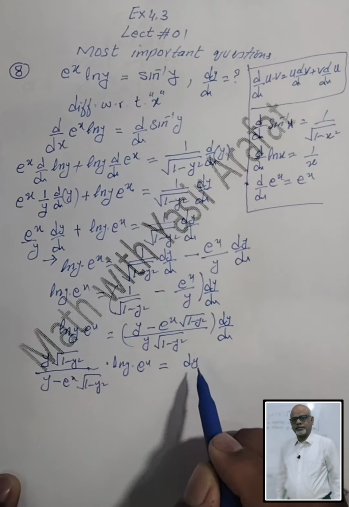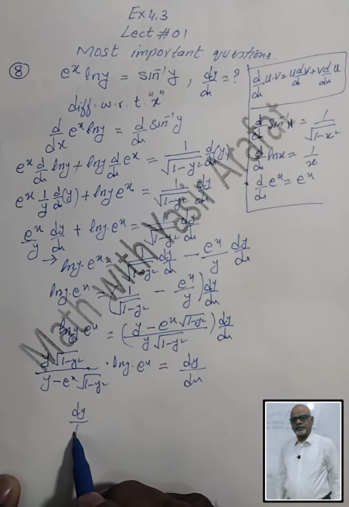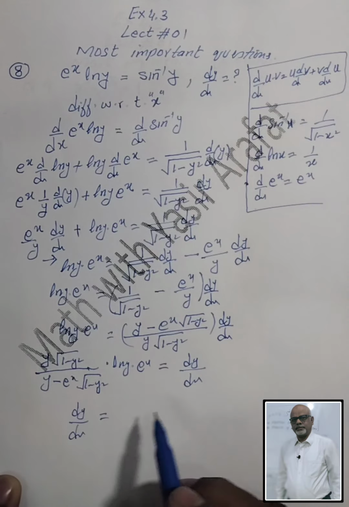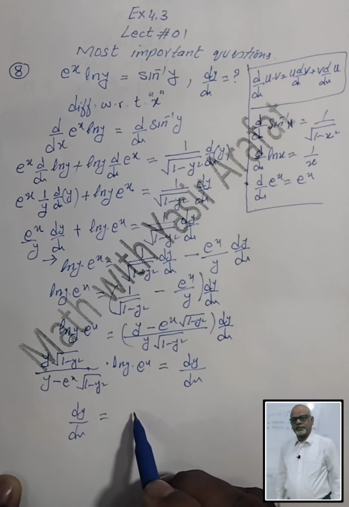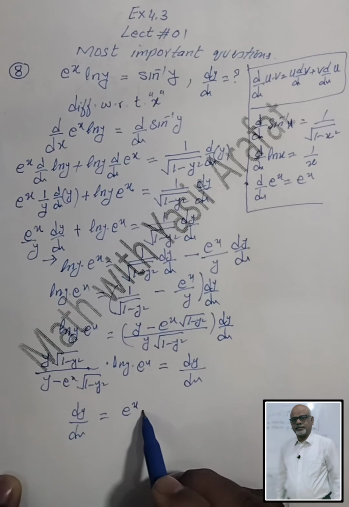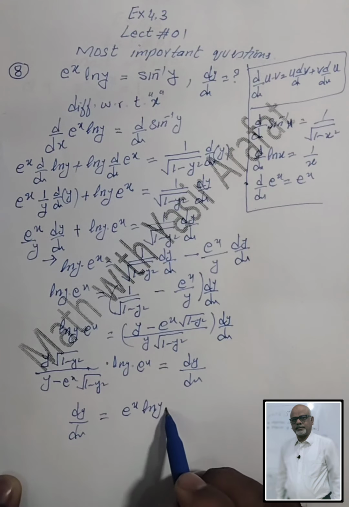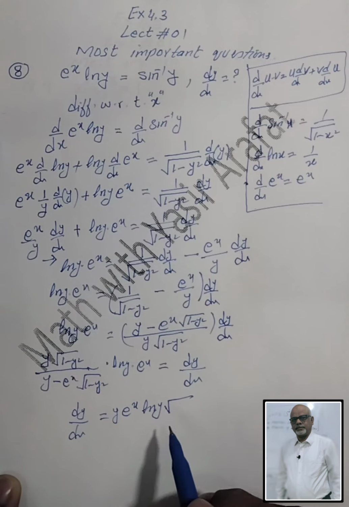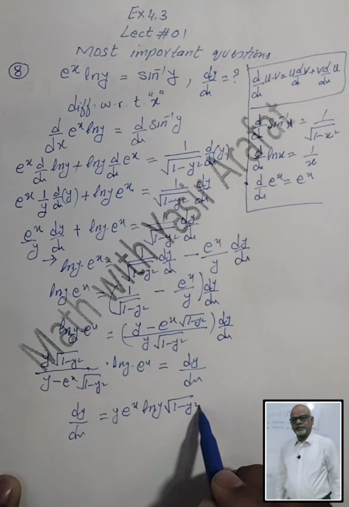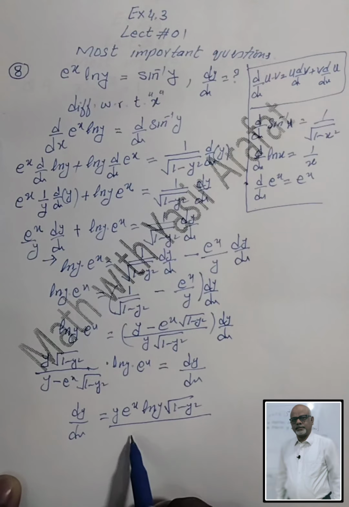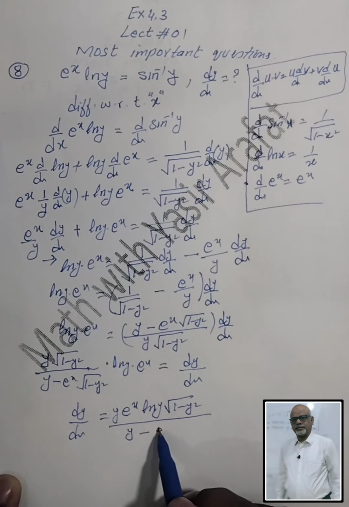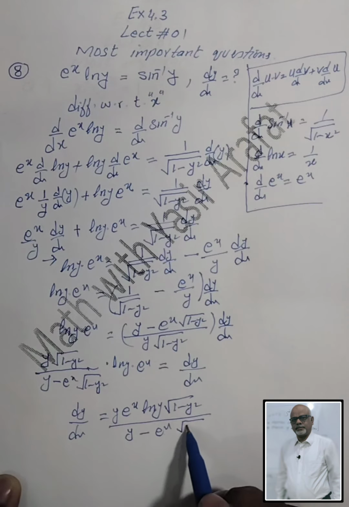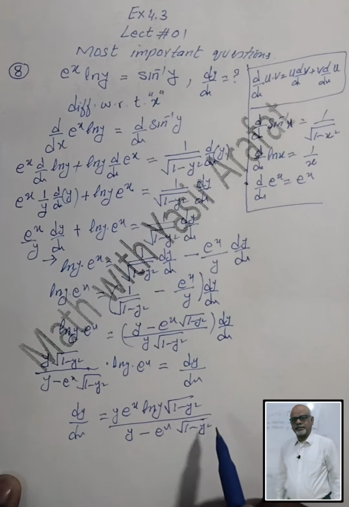So this is the result of this equation, that is dy upon dx equals e to the power x ln y into y into root of 1 minus y square divided by y minus e to the power x into root of 1 minus y square.